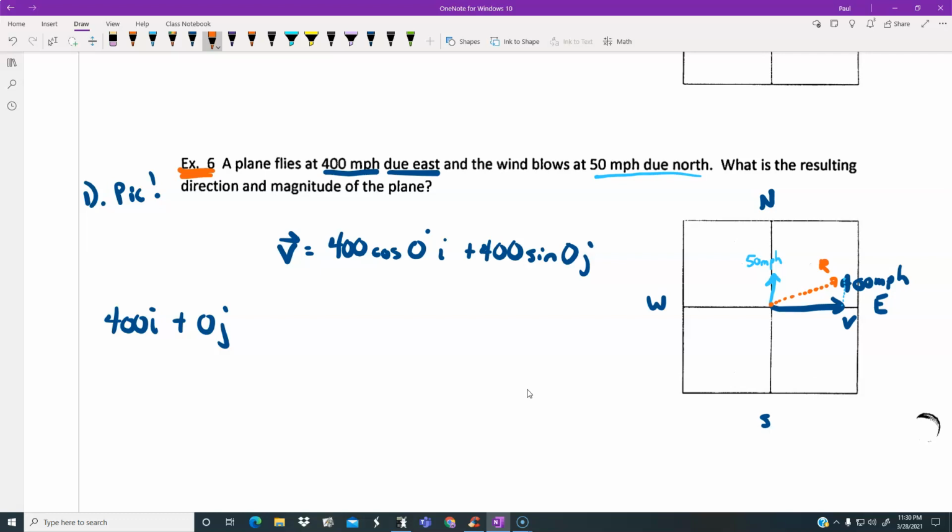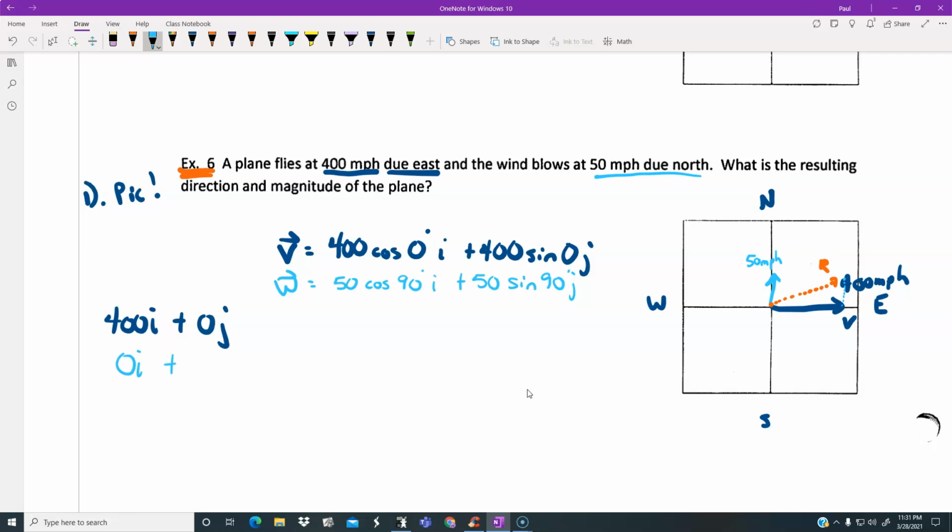Totally makes sense. Vector W, which is for the wind, is going to be 50 cosine of 90 degrees i plus 50 sine of 90 degrees j. Now if I evaluate that one, cosine of 90 is 0, so this would all become 0i.